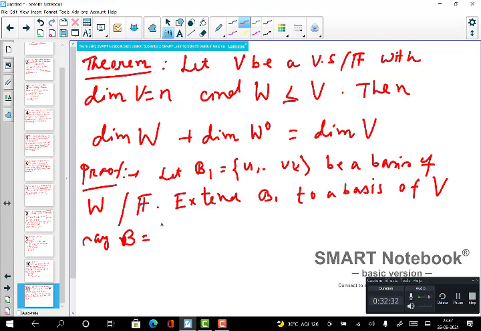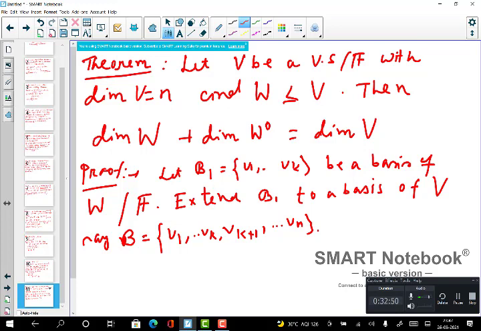And what is it? So it contains v1, v2, up to vk, k many elements, and then vk plus 1 up to vn, till vn, right? So this is a basis for V.